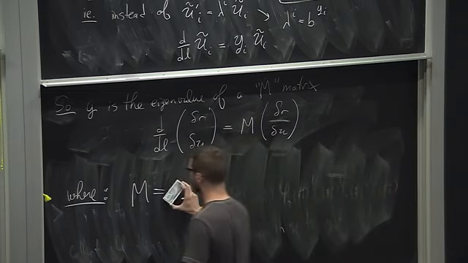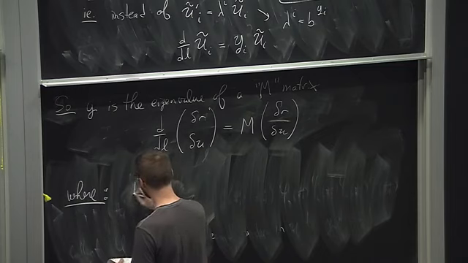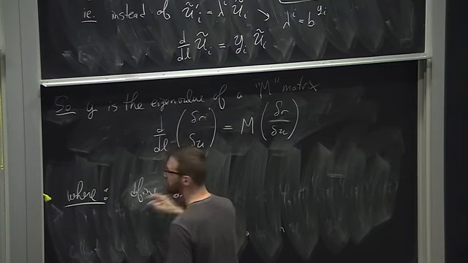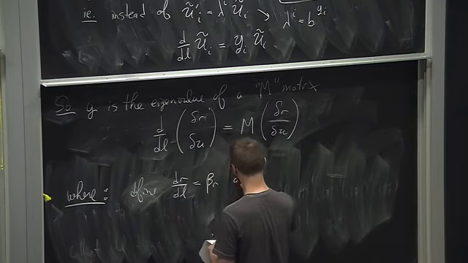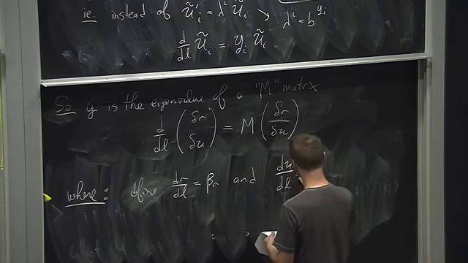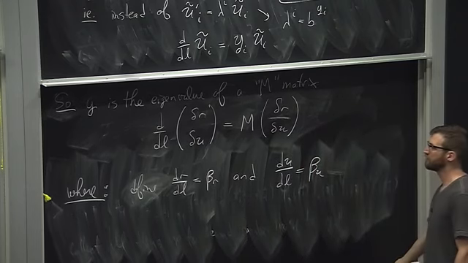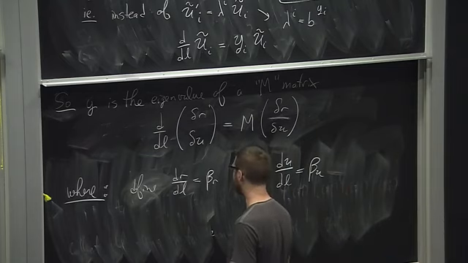Actually, let me define the betas first. So it's delta. Okay, so it's the derivatives right there. And then this M is the derivatives of those betas.